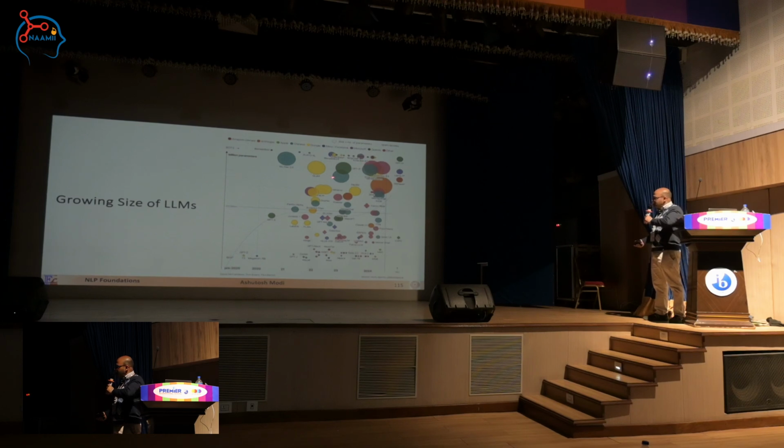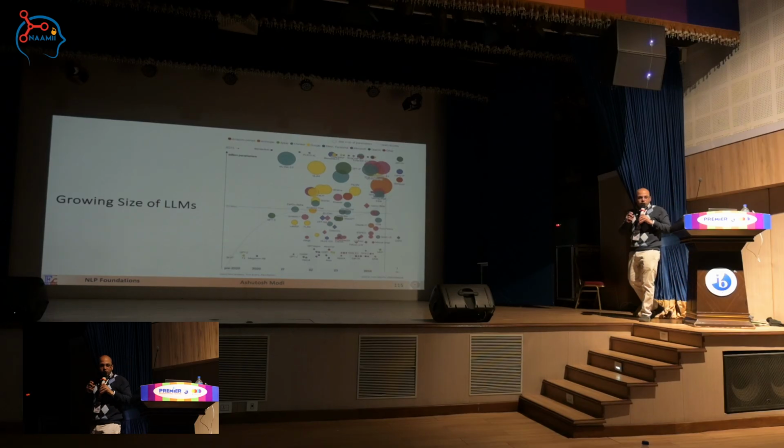Each dot here is one LLM, and the size of the dot tells how many parameters it has. This orange dot here is Gemini Pro. It's already such a big model, and the baseline here is 125 billion, so you can see it's already much bigger.